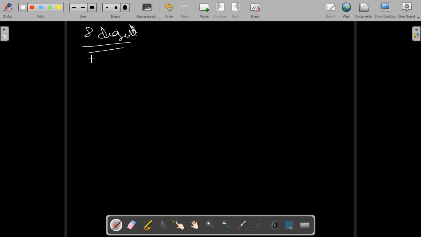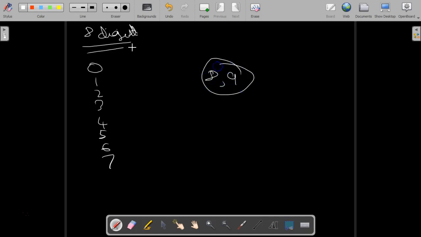But in the 8-digit number system, we count from 0, 1, 2, 3, 4, 5, 6, and 7, and that's it, because in an 8-digit number system we only have 8 symbols to play with. 8 and 9 are non-existent in this 8-digit number system.